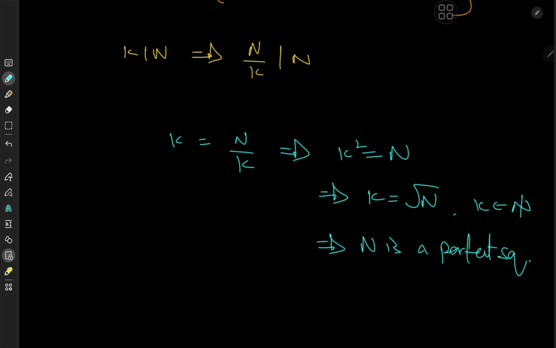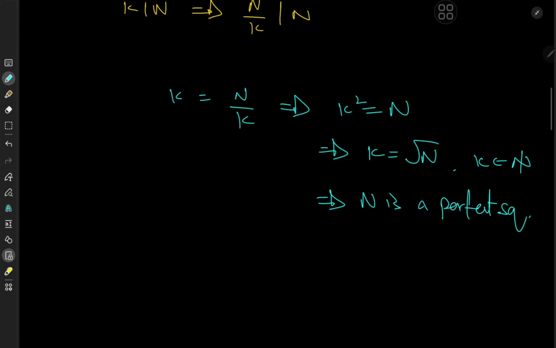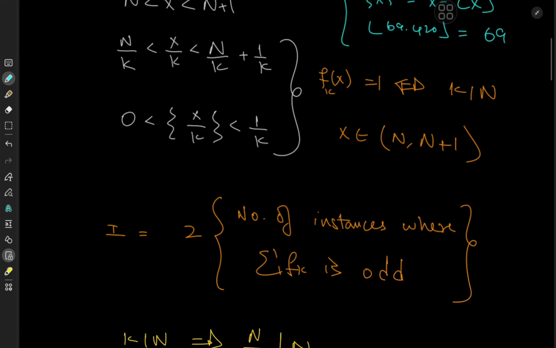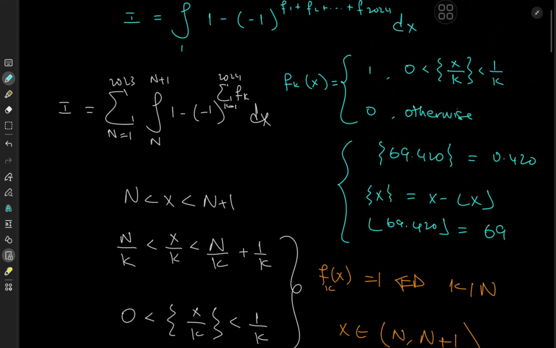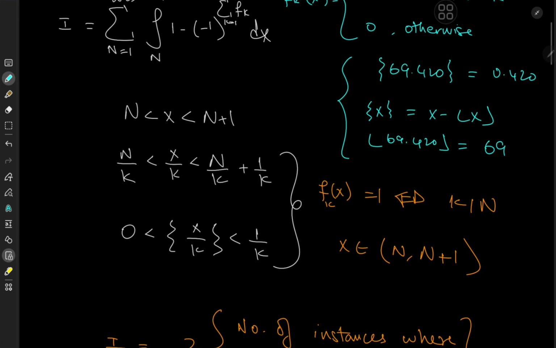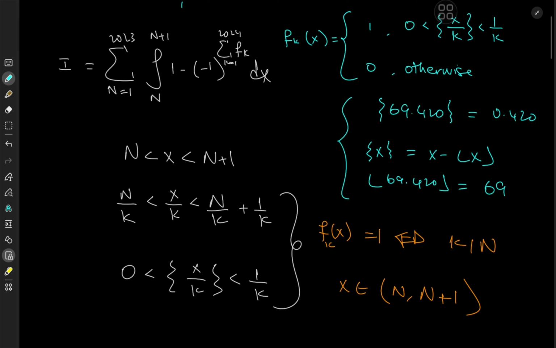So that means what we need to do is figure out the number of perfect squares as n runs from 1 to 2023. So what we need is the number of instances where n is a perfect square.